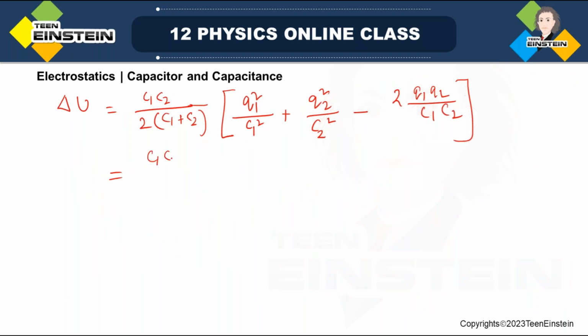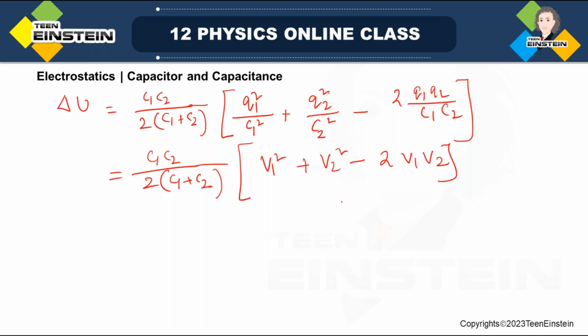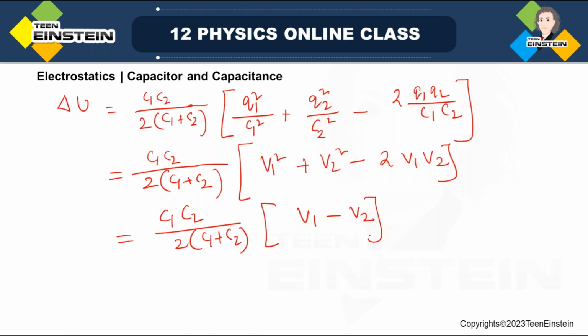Here I can write Q1 by C1 as V1, so it will be V1 square plus V2 square minus 2 V1 V2. So this is simplified to a very nice form: V1 minus V2 whole square. Okay, so this is the thing.